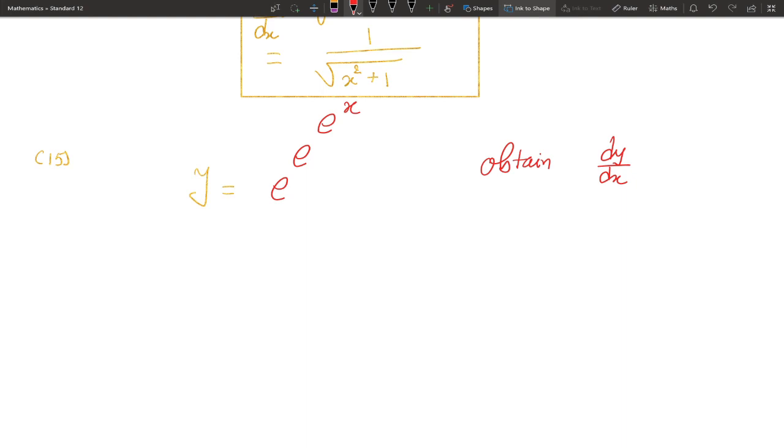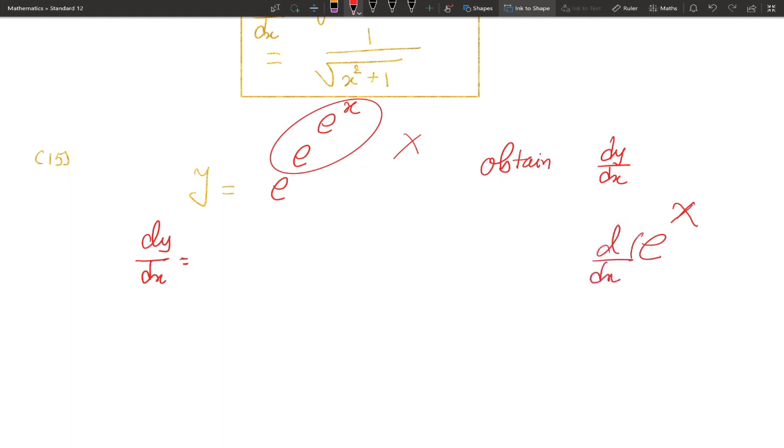So for example, you consider this one as capital X. So it will be of the form e raised to capital X. So first we use the formula d by dx of e raised to x. So dy by dx, consider this one as capital X, d by dx of e raised to X, it is e raised to capital X.